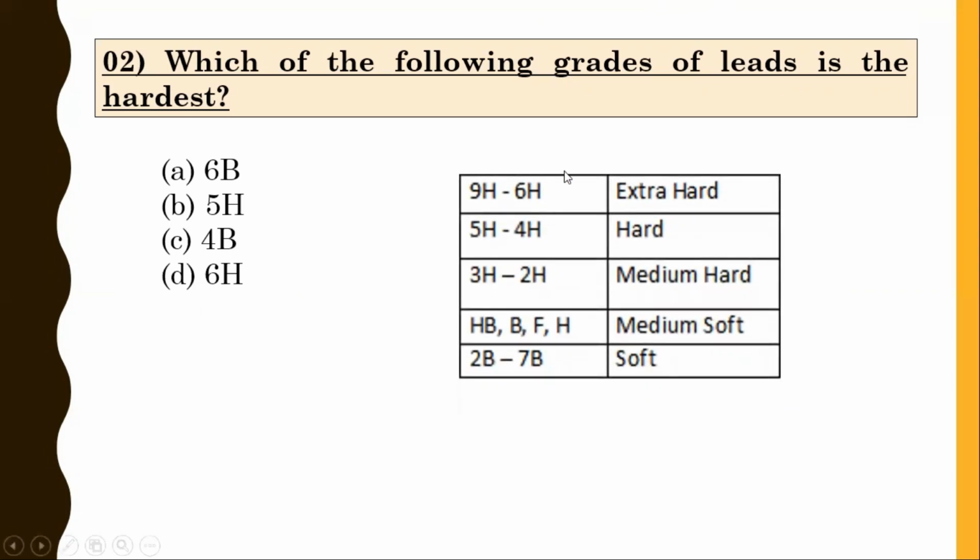Here you can see different hardness of the pencil grade. As the value of H increases, that is 9H, 6H, it becomes extra hard. If the value decreases, it becomes soft. And after F, there is a designation B, those grades are very soft. So H means hardest and the highest value here is 6H. So in this MCQ, the answer is D, 6H.